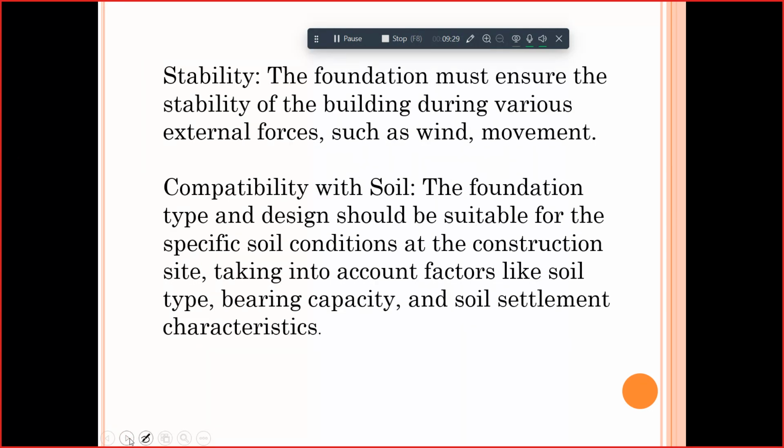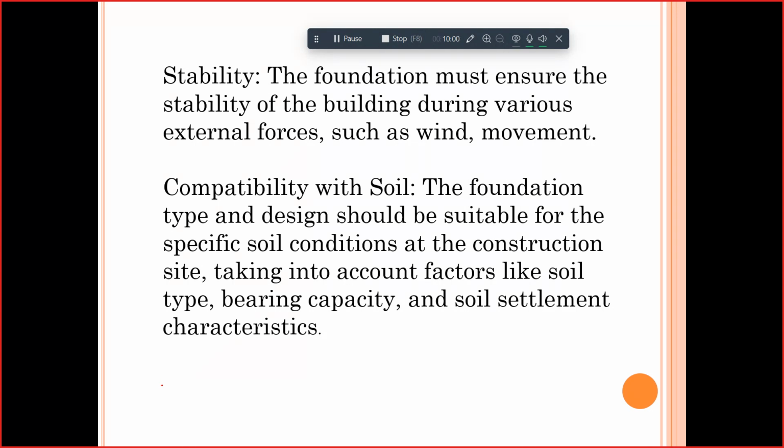Okay, I may request Tony, you can read for us about compatibility with soil. Explain for us a little bit. Tony, are you with us? Yes, I'm here.